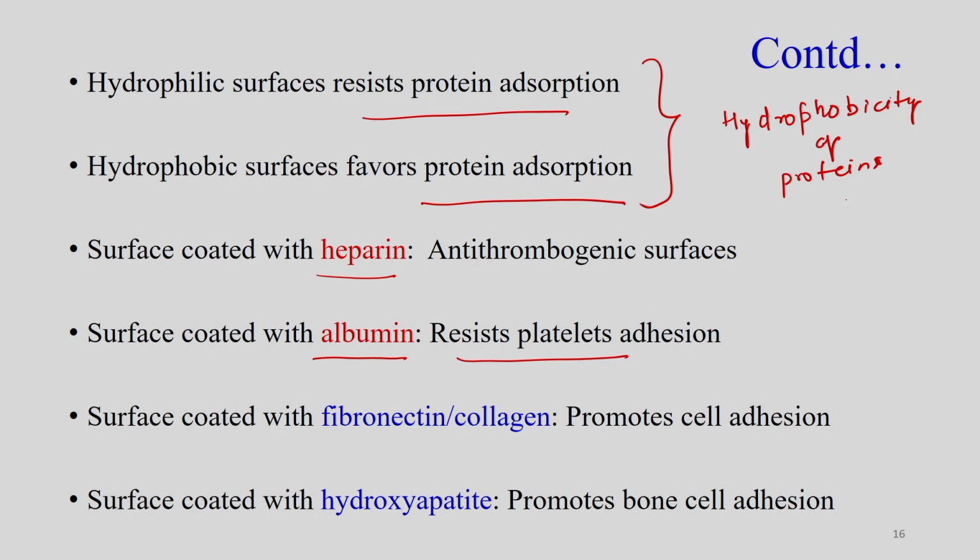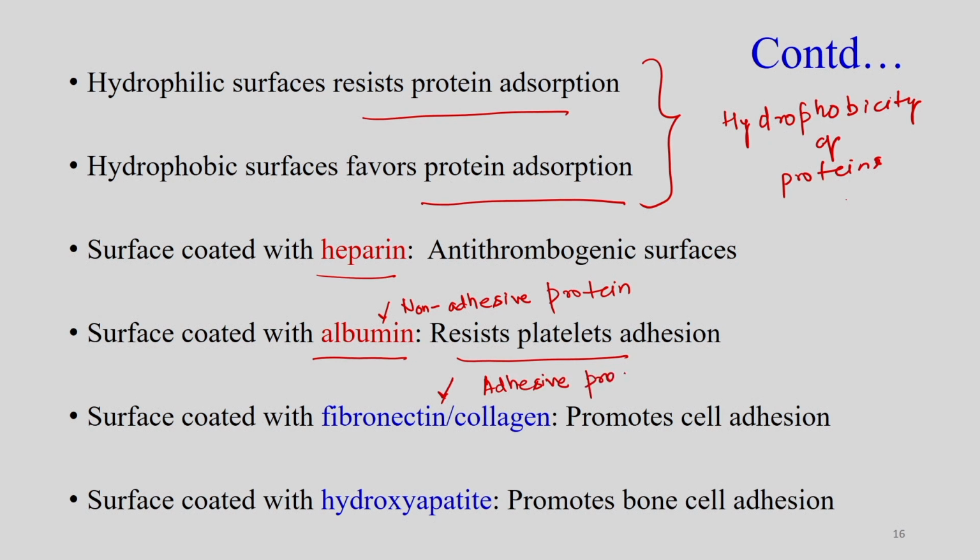So, albumin is, you can say, a non-adhesive protein. But if you want to promote the cell adhesion, you can go with fibronectin or collagen. So, these are the adhesive proteins.